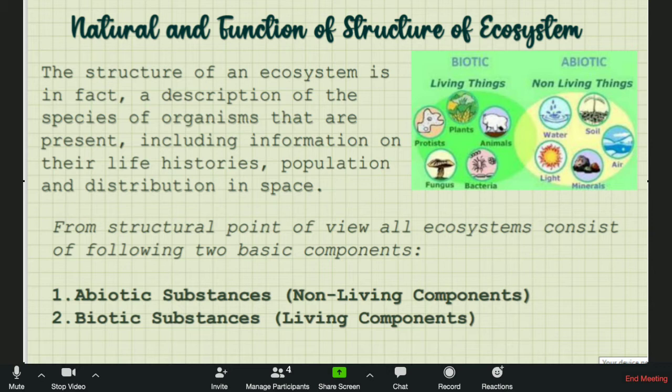The structure of an ecosystem is in fact a description of the species of organisms that are present, including information on their life histories, population, and distribution in space. So it helps us to figure out who's who in the ecosystem.